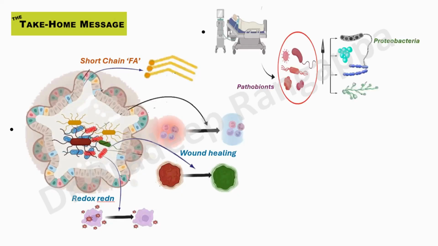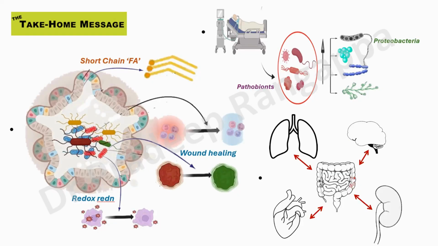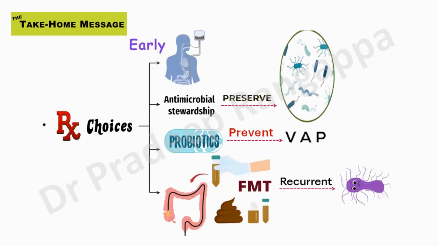If someone is critically unwell, be aware this normal microbiome gets disturbed and gives way to the evolution of pathobionts, where there is overgrowth of Staphylococcus, Enterococcus, Candida, Proteobacteria. All this leads to multi-organ dysfunction, through what we call the gut-lung axis, gut-brain axis, and gut-heart and kidney axis, which means they can lead to dysfunction of other organs.